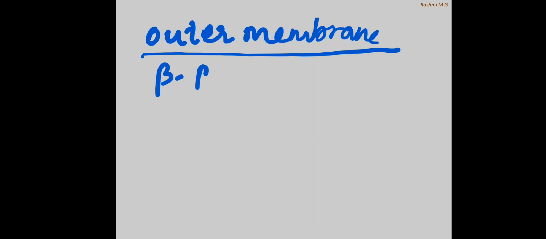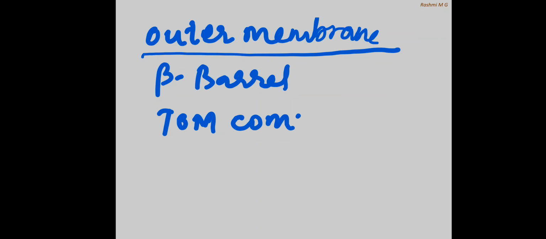Then, targeting of mitochondrial protein to the outer membrane. The proteins which are to be targeted to the outer membrane are beta barrel proteins. First, they are imported through the TOM complex.